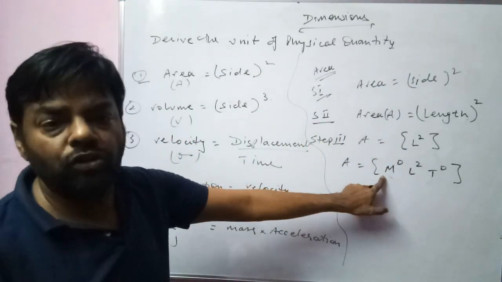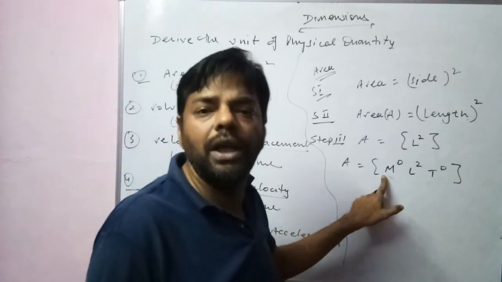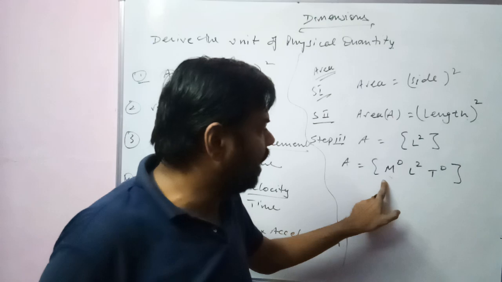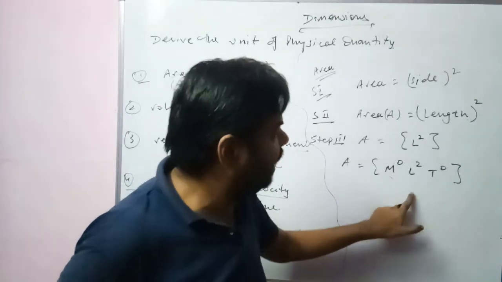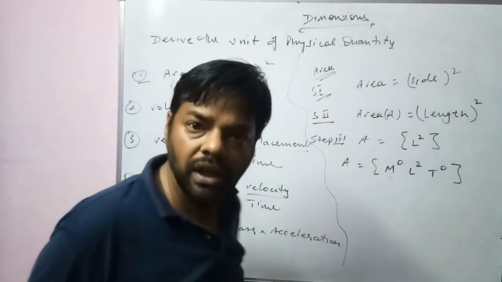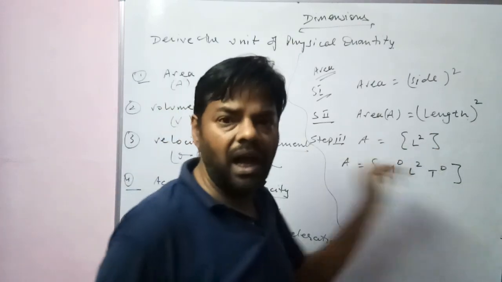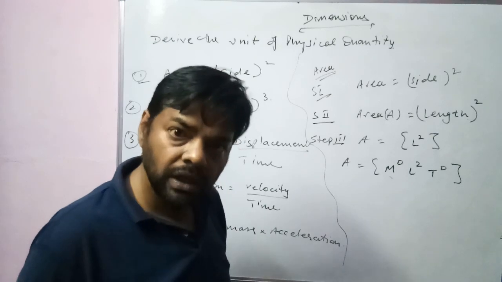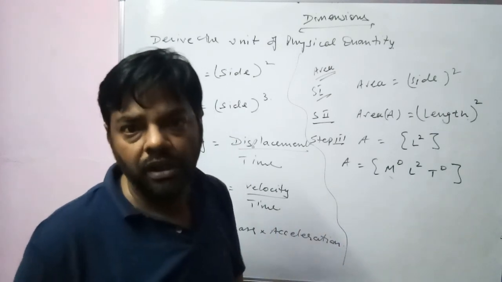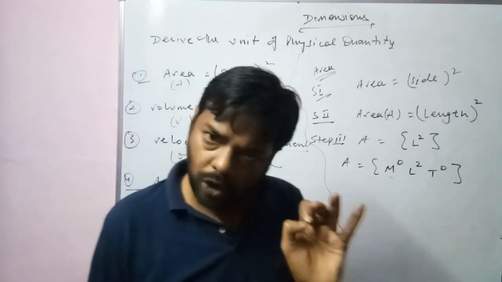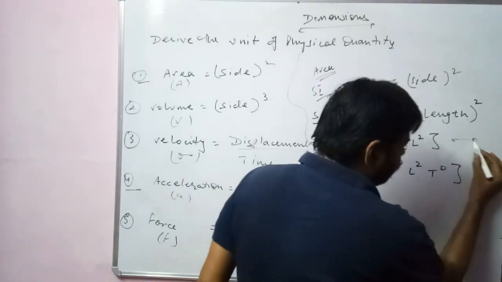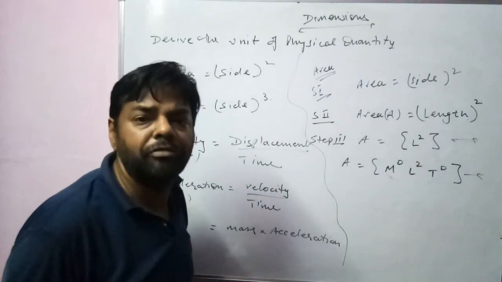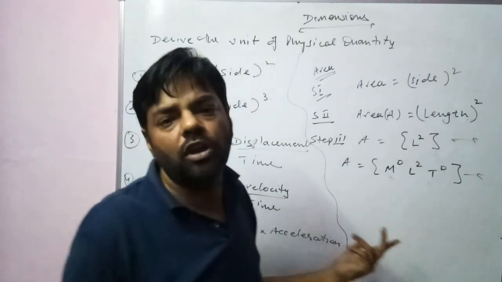Why? Because M raised to power 0 is nothing but equal to 1. Similarly, T raised to power 0 is nothing but equal to 1. So 1 multiplied with L square multiplied with 1 is nothing but L square. Okay? Got it? So it is the generalized dimensional formula for area. Whenever you have to write the generalized dimensional formula, always remember, this is also correct, but when we are expressing the derived unit in terms of M, L and T, it is also correct.